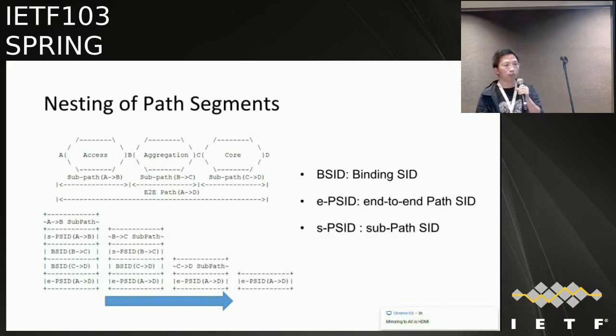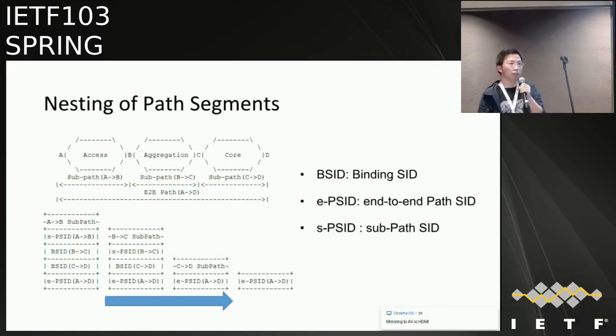This is a very typical scenario in mobile backhaul network. In order to reduce the depth of the label stack, you can split the end-to-end path into several subpaths. In this example, the path is split into 3 subpaths.